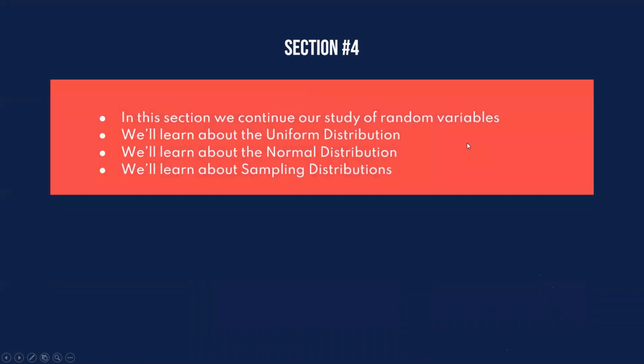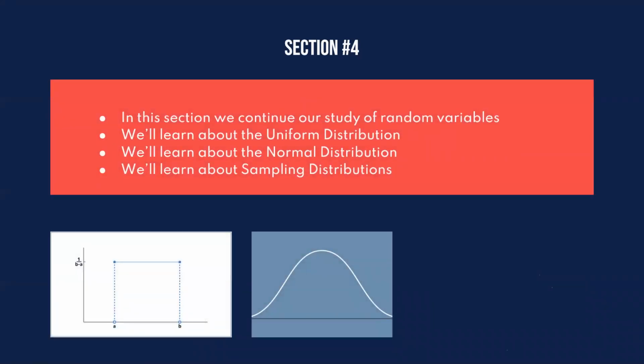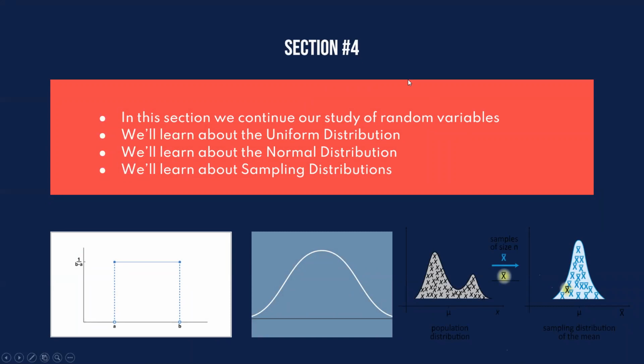Section number 4. This is where we're going to continue our study of random variables, except we're going to learn about something called continuous random variables. We're going to learn about the uniform distribution. We'll learn about the normal distribution. How many people might have heard of something called the bell curve?